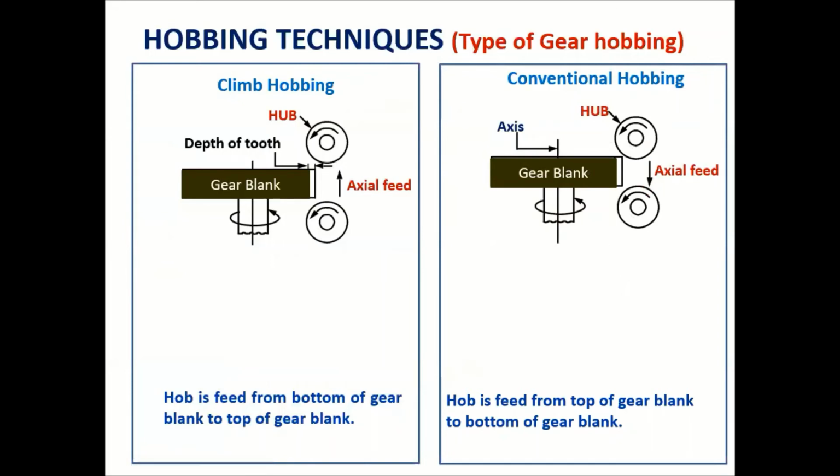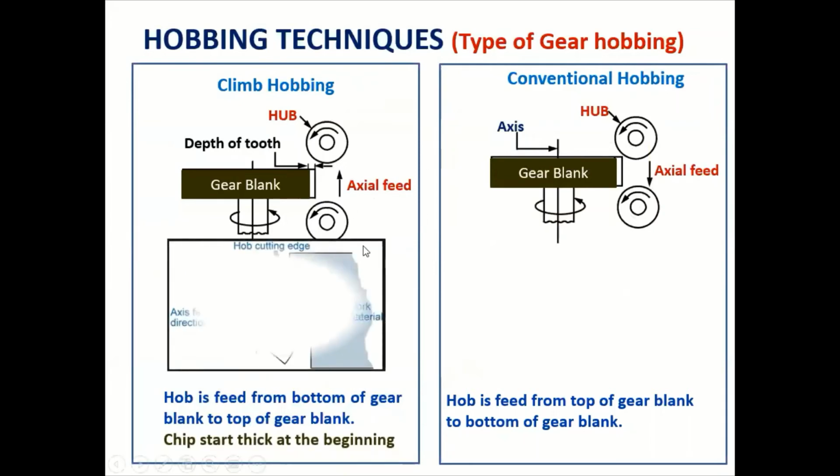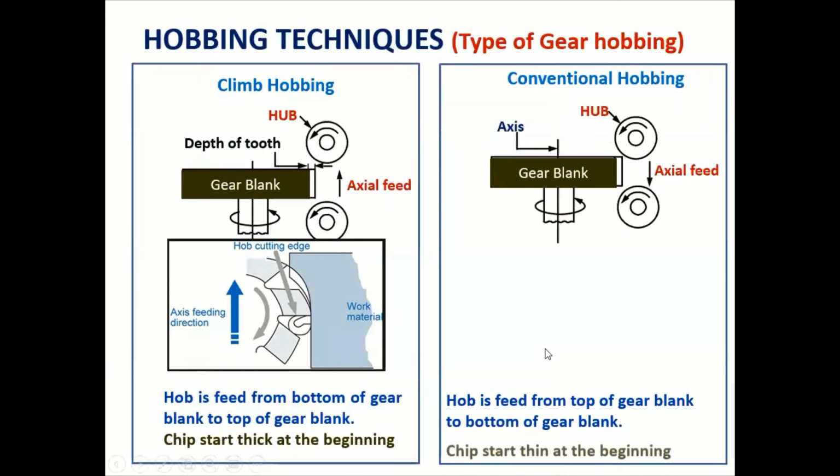Now, one more thing: what chip formation takes place? The chips start thick at the beginning. I will show you one sketch here. In climb hobbing, the chip generated is thick at the beginning and then gets reduced, thick to thin. Here in conventional hobbing it is opposite.